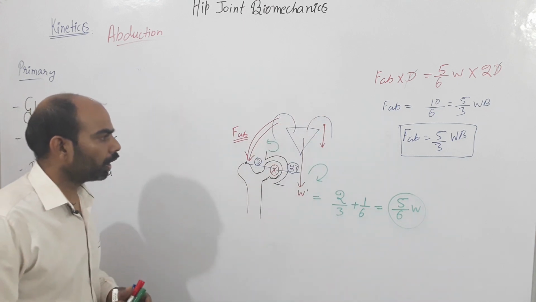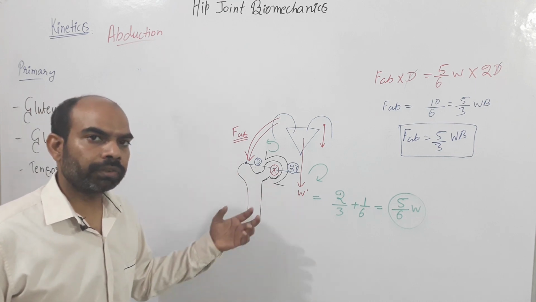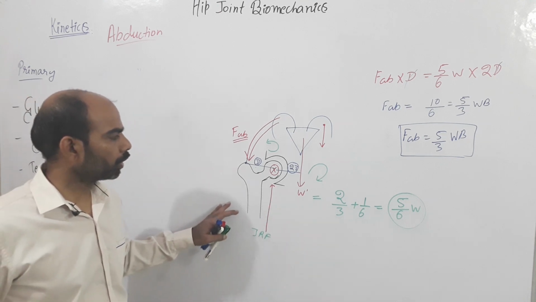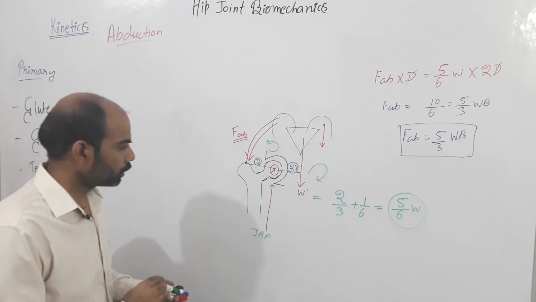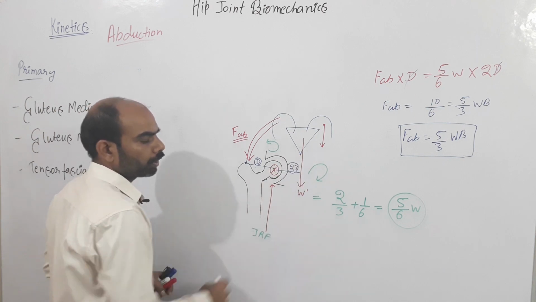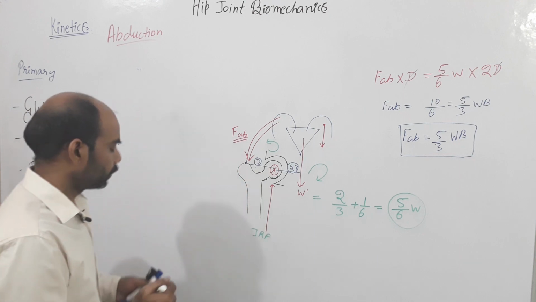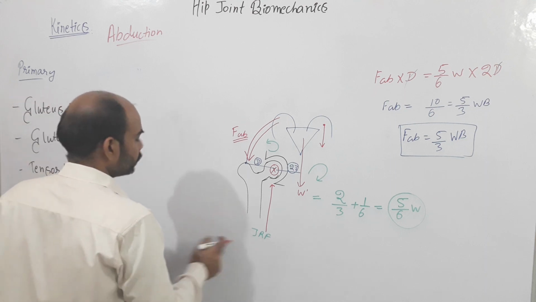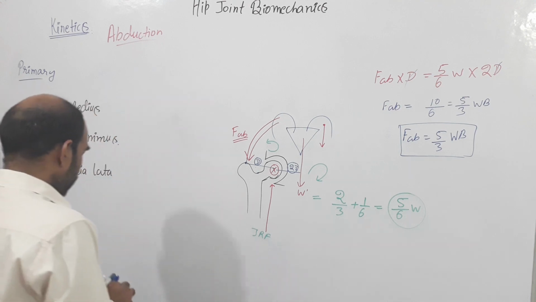Now we will calculate in this position how much joint reaction force there is inside the hip joint. Calculate the total downward force and the total upward force on the hip joint. The joint reaction force is the upward force on the hip joint, while the weight and the force of abduction are downward forces.